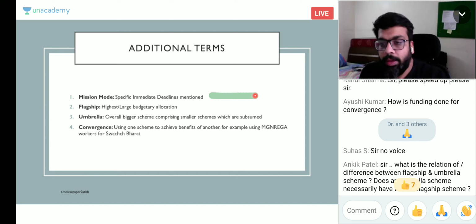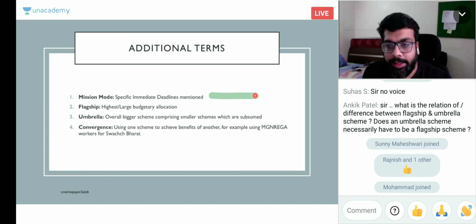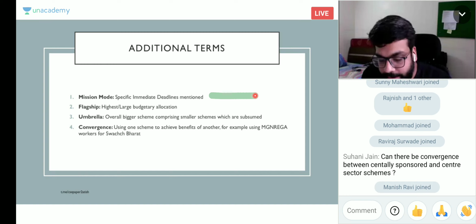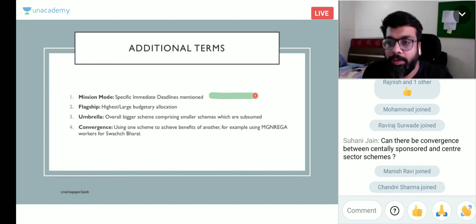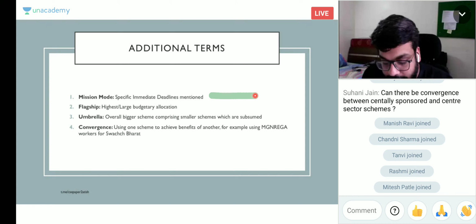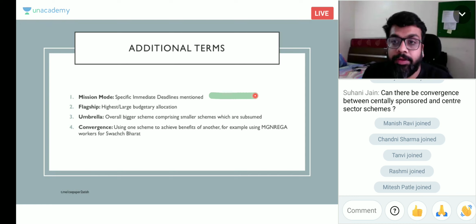Now, when something like this happens, if the states can be involved in all of these, then there is absolutely no problem. If the states can freely implement all of these, you don't have to ask the states, you can really just work it out as a larger idea. But if it is essentially in the state list, then you might have to sit with them and negotiate with them.